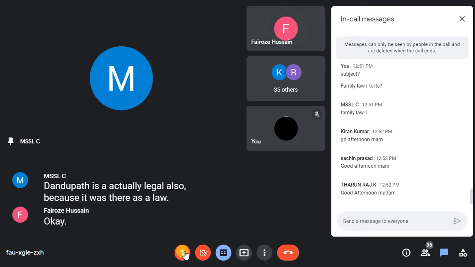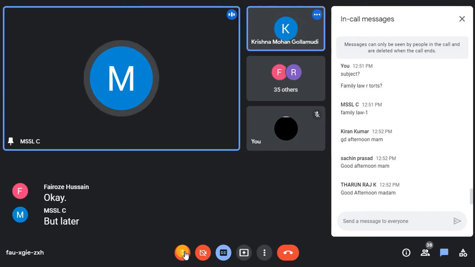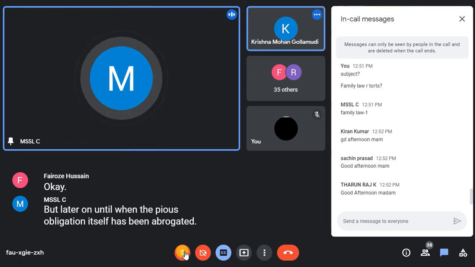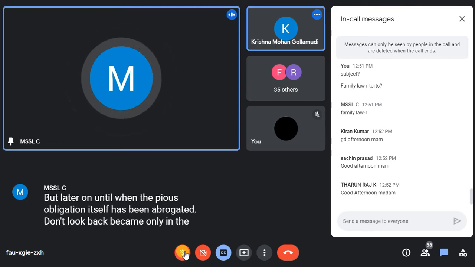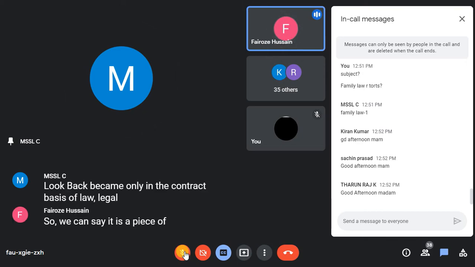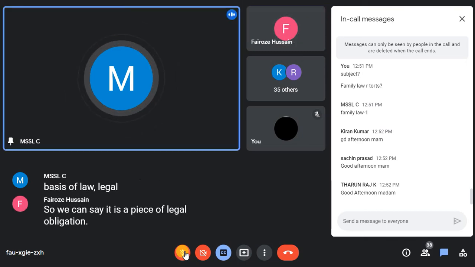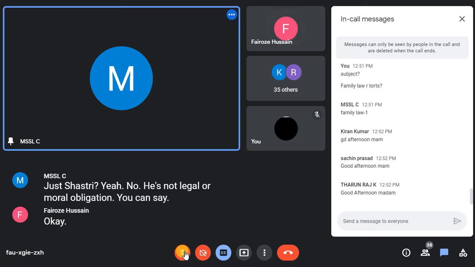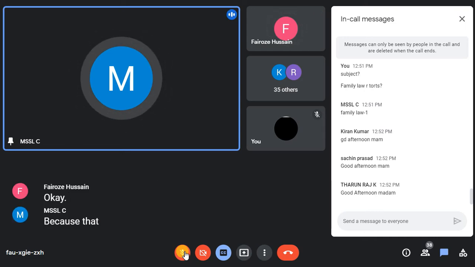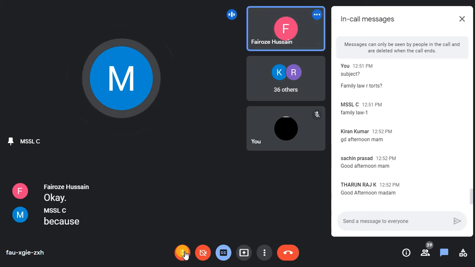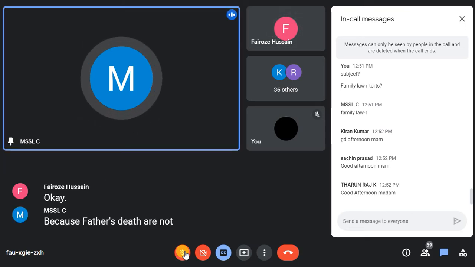But later on, when the pious obligation itself was abrogated, Dandupath became only a contractual matter, legally. It is a Shastric obligation, not a legal or moral obligation, you can say. That Dandupath word has been removed right now, because fathers' debts are not liable by sons.